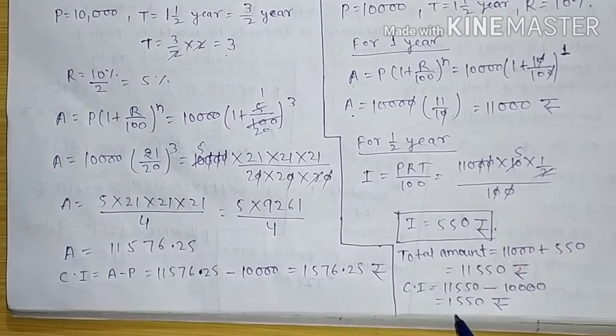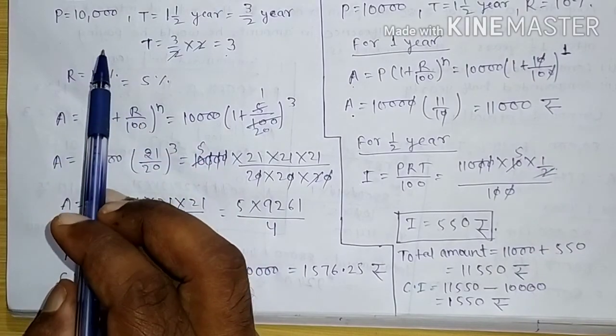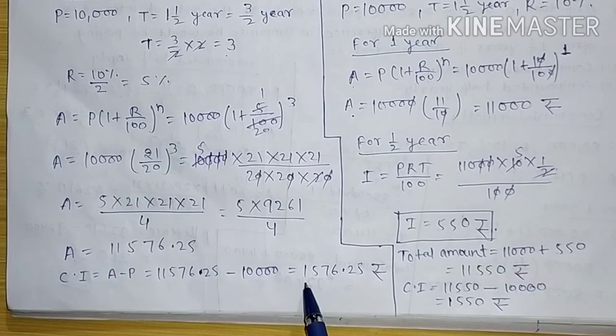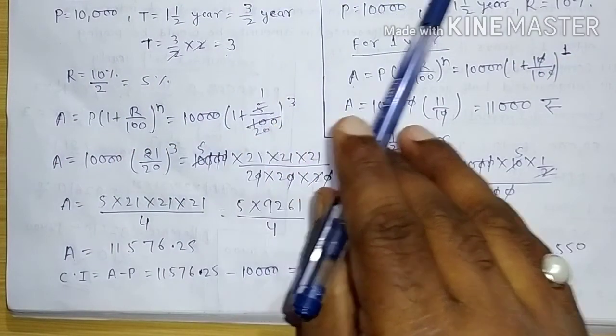Now this is the compound interest for 1.5 years, that is 1,550. And this is the compound interest when the interest is compounded half yearly, so it will be 1576.25, which is greater than 1550. As the question asks, would this interest be more than the interest he would get if it was compounded annually?